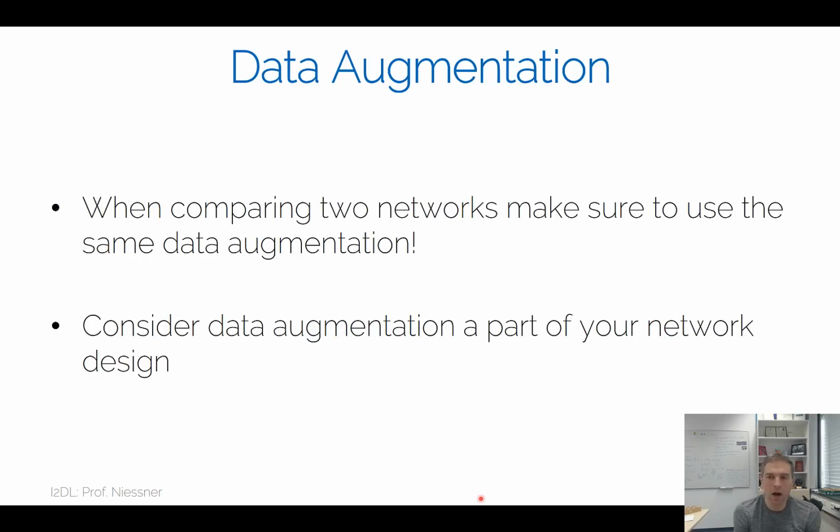And this is how you develop your architectures, your training procedures, your hyperparameters, and so on. And here it's very important: consider data augmentation part of your network design, but when you're debugging it, make sure that it's orthogonally evaluated from things like architectural changes. Okay, but I hope augmentation makes sense.